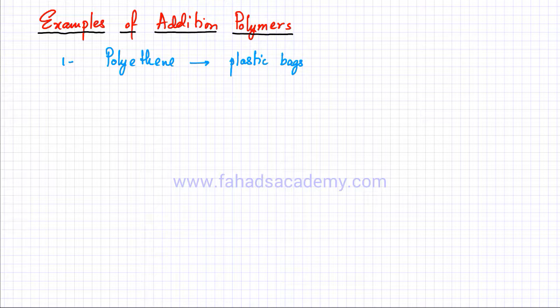So polyethene is made from ethene, which is this, the simplest alkene. When you talk about polythene, it would have lots of ethene molecules, these monomers, that would end up joining together.